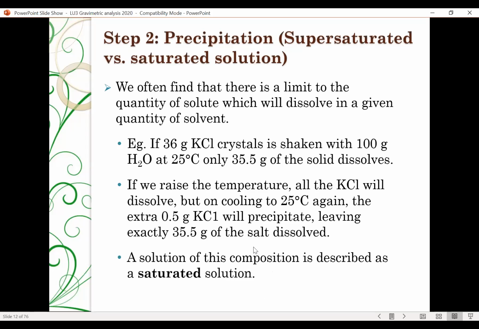Let's say we have 1 liter of water and we have 10 kilograms of sugar. So we try to add all the sugar into 1 liter of water and we want to make as saturated a sugar solution as possible, because we want the sugar solution to be very concentrated.